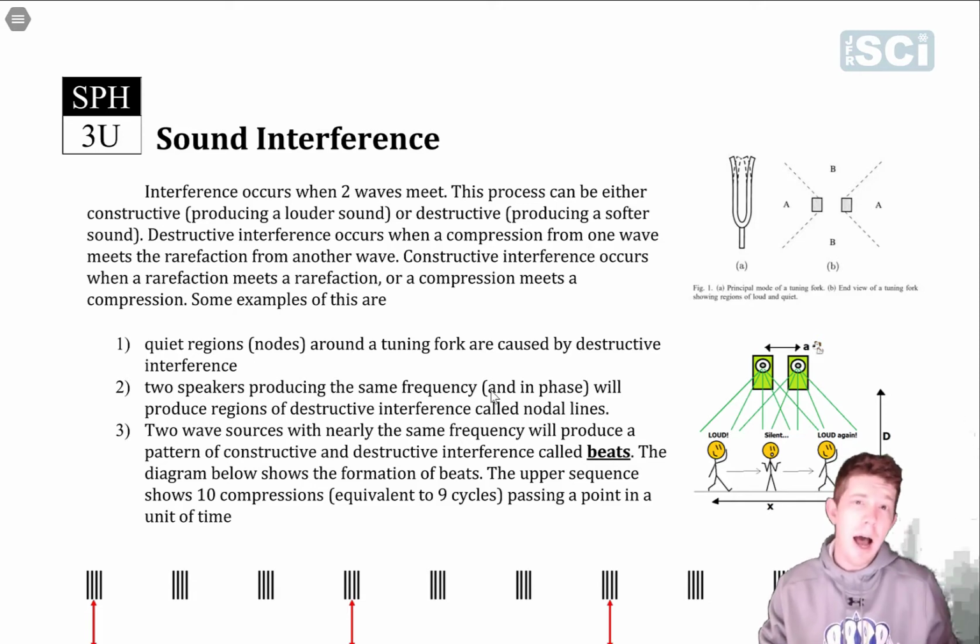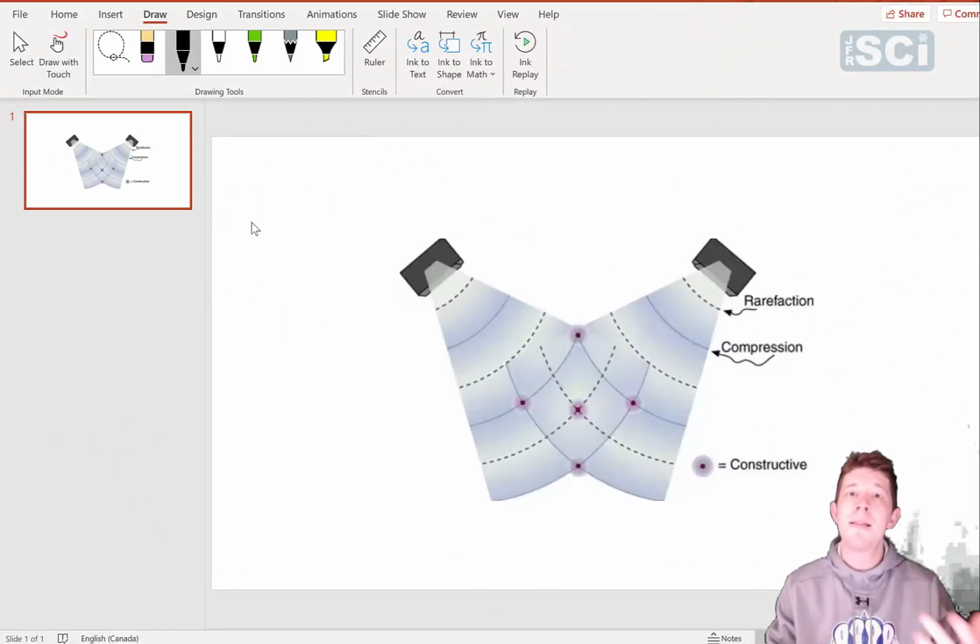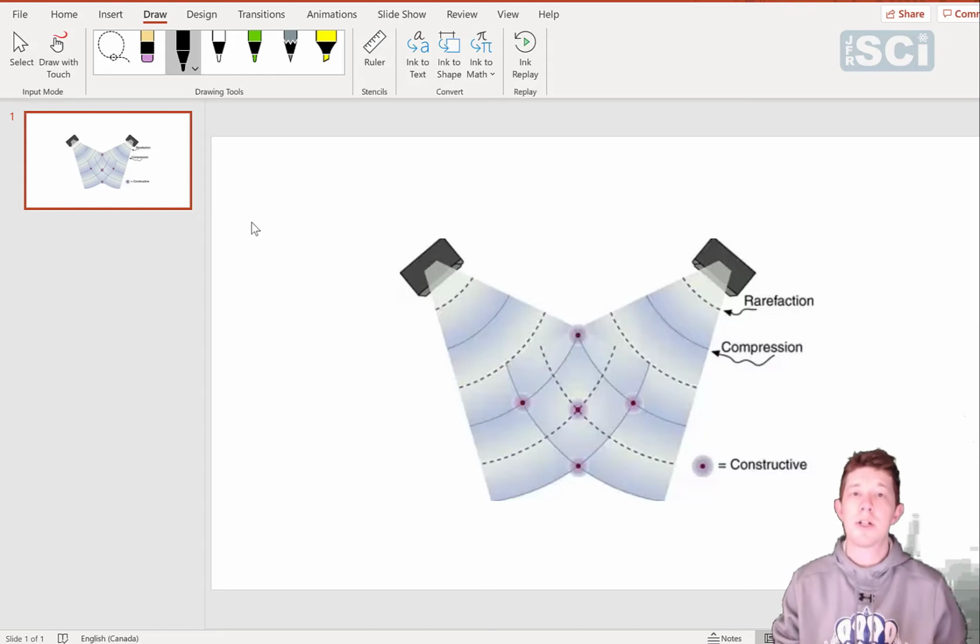How this actually works is that you have constructive interference and destructive interference caused by the sound from each individual speaker. So I have a picture here to show you what I mean. In this picture, we have our two speakers and they're emitting the sound, so there's areas of compression and areas of rarefaction. Now the distance from each speaker is going to depend on where you're standing.